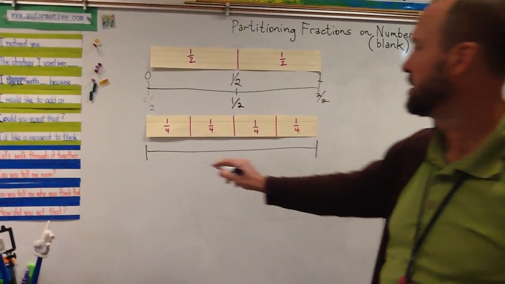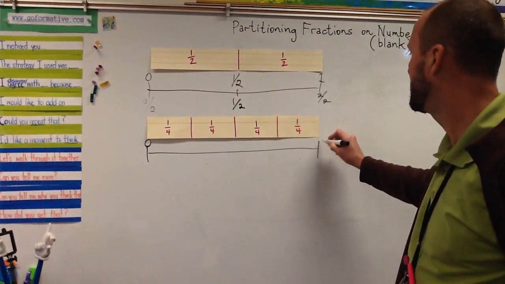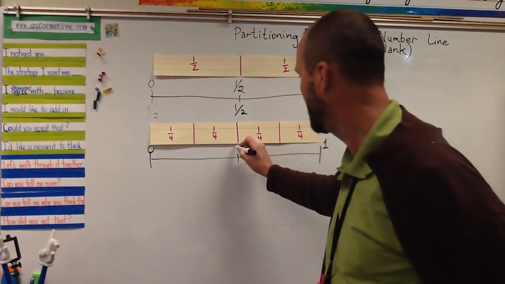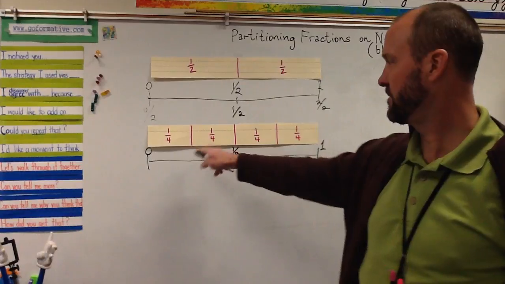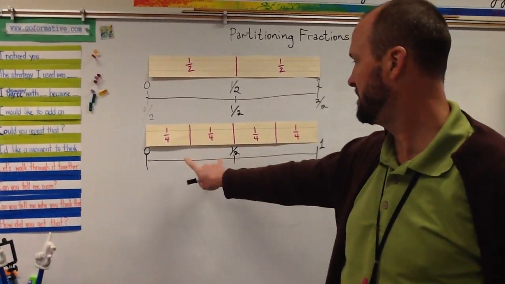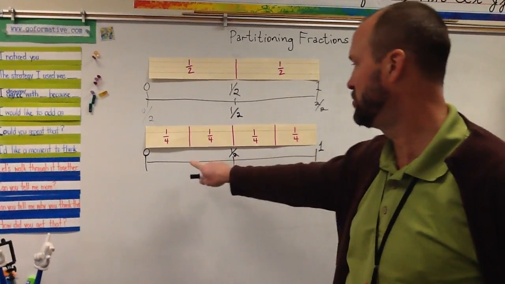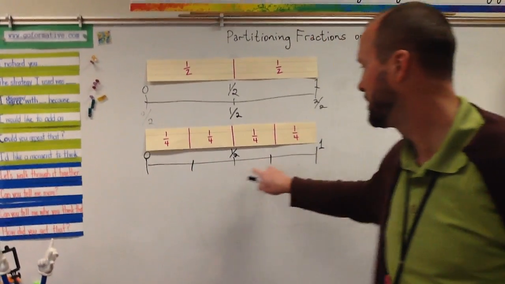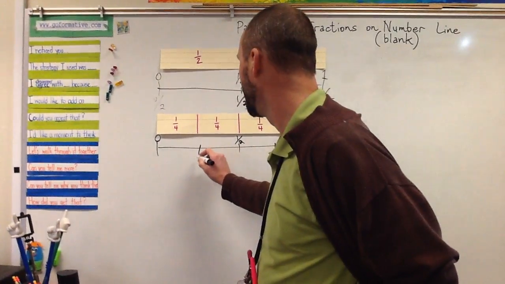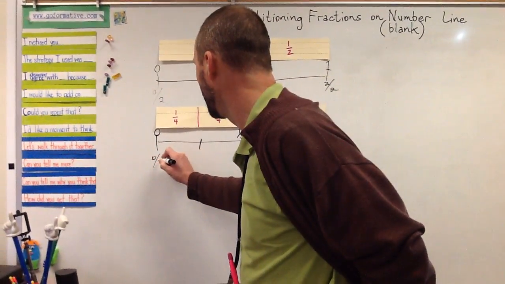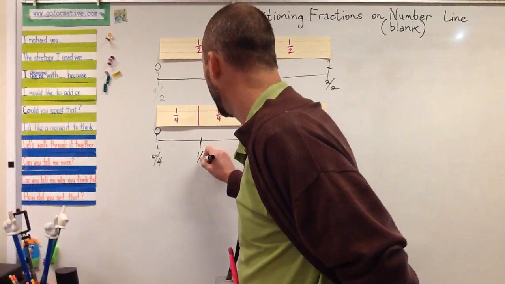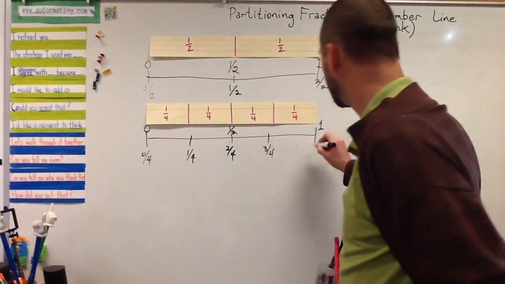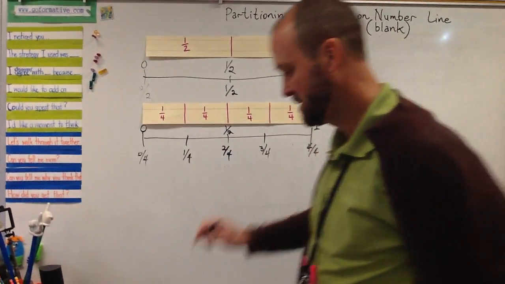So 0 and 1 whole, divided again into halves, and with fourths, just divide the halves, 2 parts, 2 more times. 2 times 2 is 4 equal parts, and I'm going to label those 0 fourths, 1 fourth, 2 fourths, 3 fourths, 4 fourths.